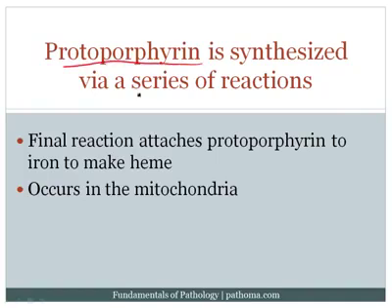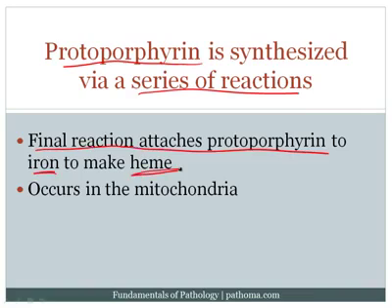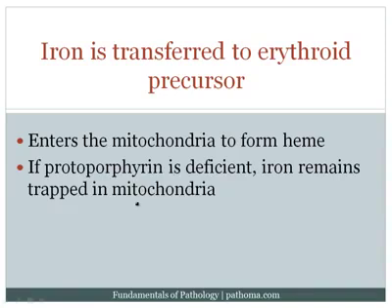Protoporphyrin is synthesized in a series of reactions, and important is that the final reaction attaches protoporphyrin to iron to make heme. And what's the name of the enzyme again? Ferrochelatase. And where does that occur? In the mitochondria. At the same time, while protoporphyrin is being generated by this series of reactions, iron is being transferred to the erythroid precursor.